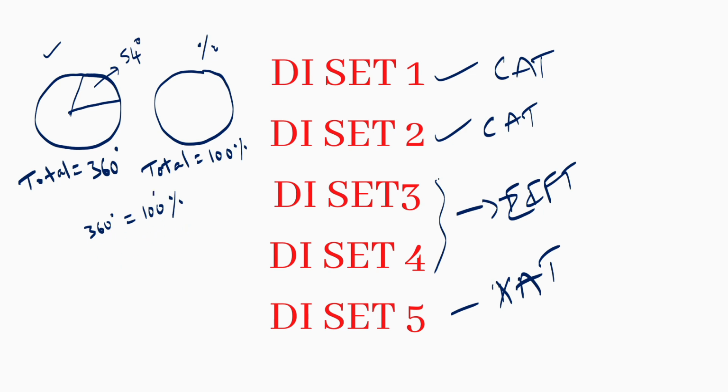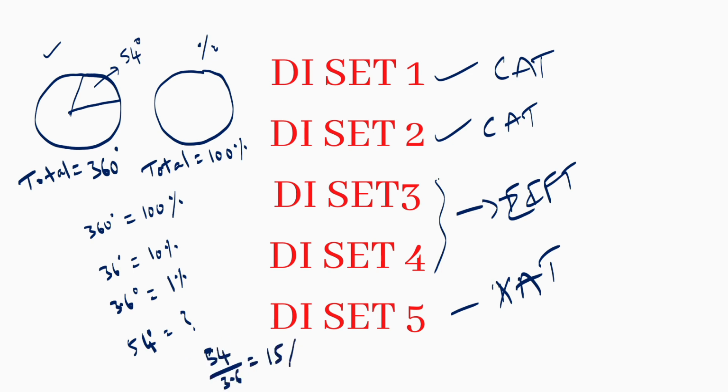So 36 degrees is equal to 10%, which means 3.6 degrees is equal to 1%. So what is 54 degrees? 54 degrees is equal to 54 by 3.6, which is equal to 15%. Right? So in this way you can change degrees into percentage and percentage into degrees.